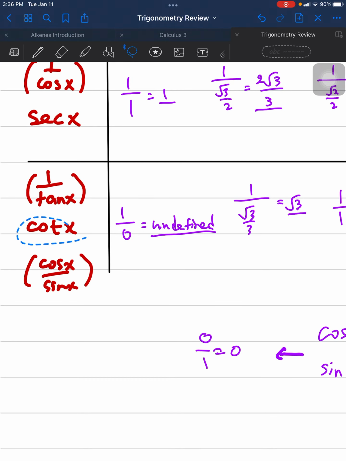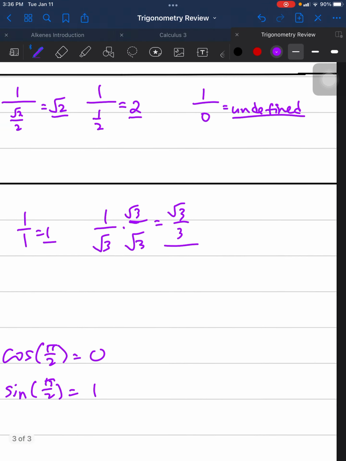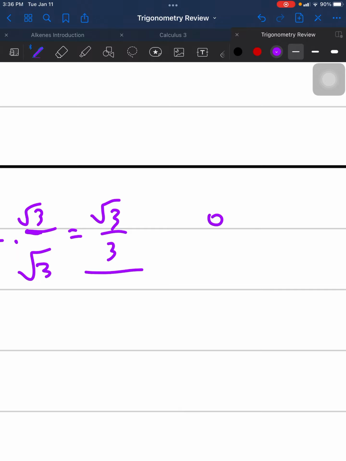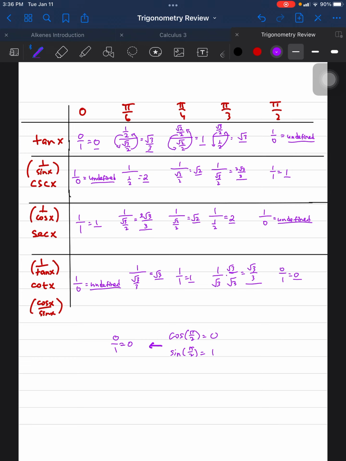So that's the value of cotangent of x. So at the angle pi over 2, cotangent of x is equal to 0.